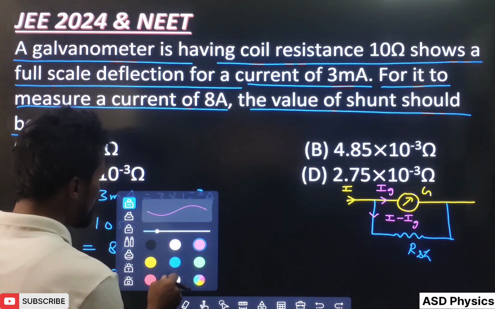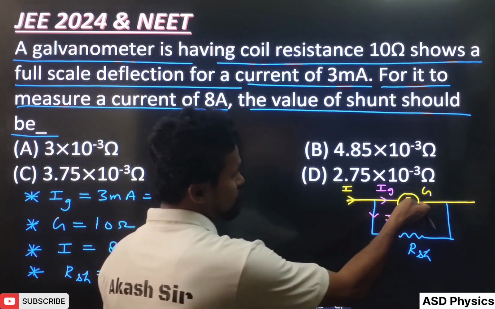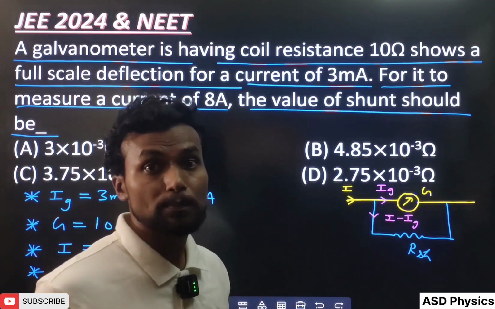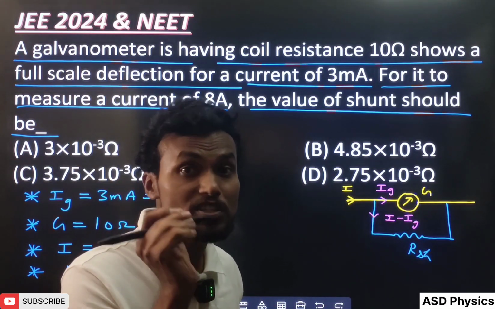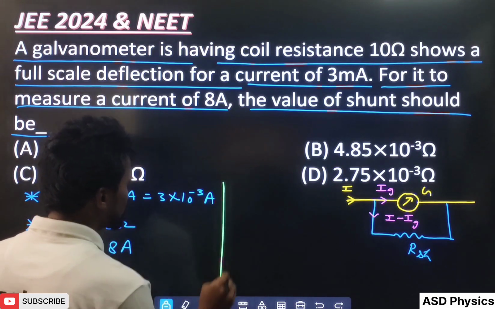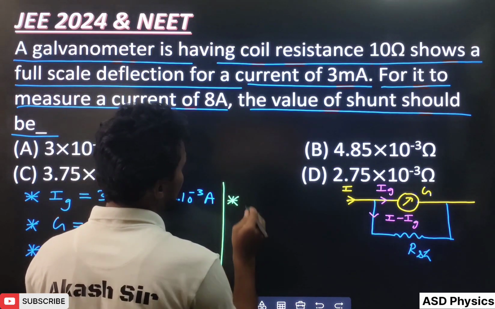You know very well this galvanometer and this shunt are connected in parallel. That means what will be the same in a parallel combination? Voltage is the same.